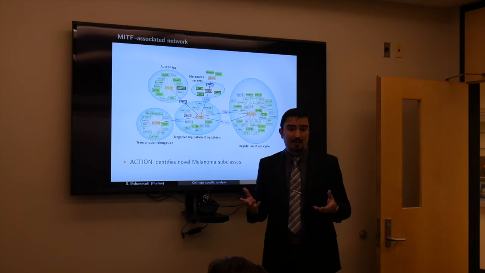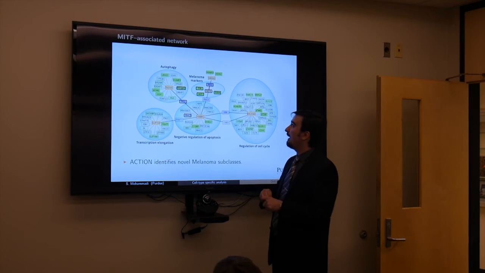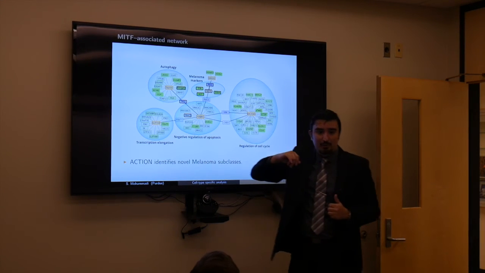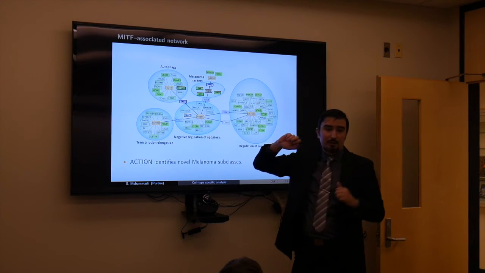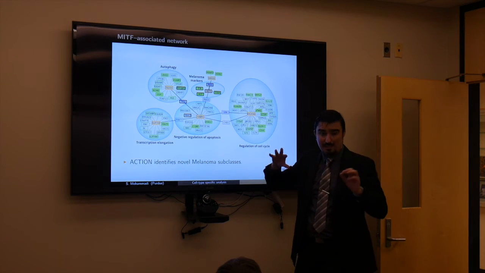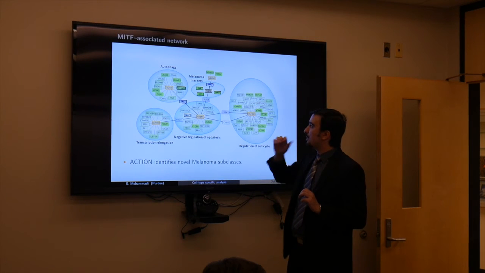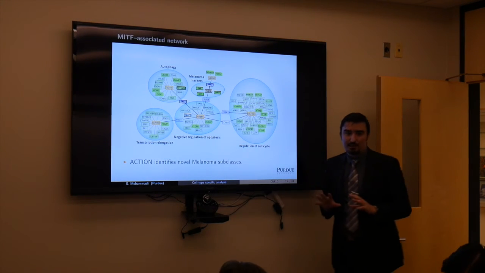We automatically found this for this subgroup to be associated with MITF, and also interestingly, other factors that are downstream of MITF. The ones that are marked as black are the ones that are known in the literature and known experimentally as biomarkers for this melanoma subgroup. And what we observe is that there are multiple functionally distinct regions.